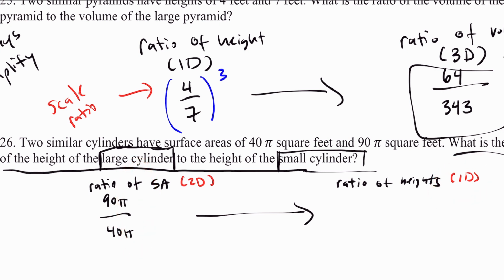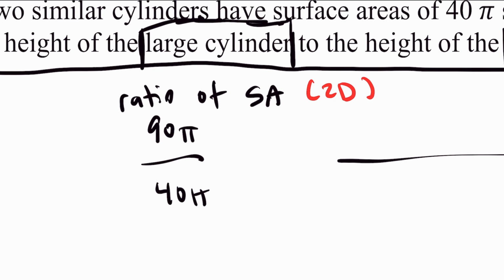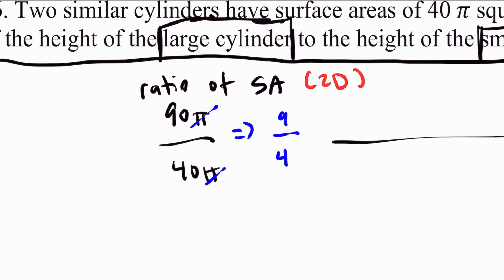Well, the first thing that you have to do, y'all, is simplify your answer. I can go ahead and get rid of the pi's, and then 90 over 40 simplifies to 9 over 4. And just because I simplified it, it's still 2-dimensional. So, 2D to 2D, ratio of the surface area is 9 over 4.